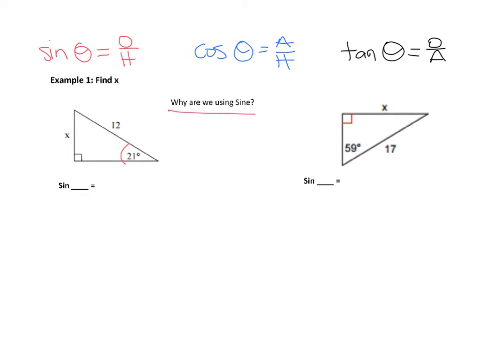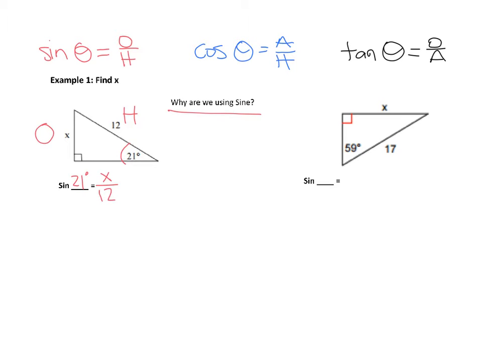Now, the reason why we're using sine is because based on my theta location, we have an opposite and we have the hypotenuse. So because I have opposite and hypotenuse, I'm going to use sine. It is going to be sine of 21 degrees equal to opposite, which is x, over hypotenuse, which is 12.